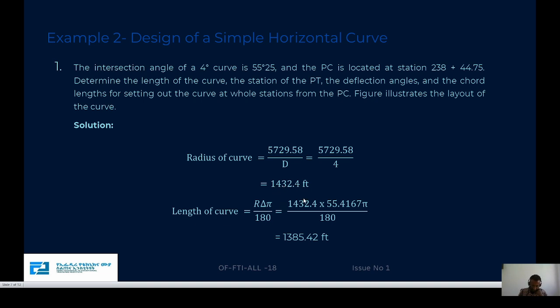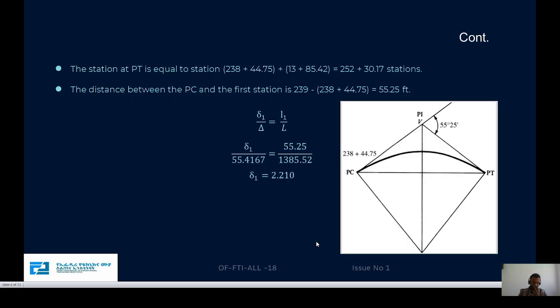The radius is already calculated, the deflection is there, and times pi divided by 180. So the length of the curve is 1385.42 feet. The point of tangent we get from the point of curvature plus the length, and the point of curvature is already given.